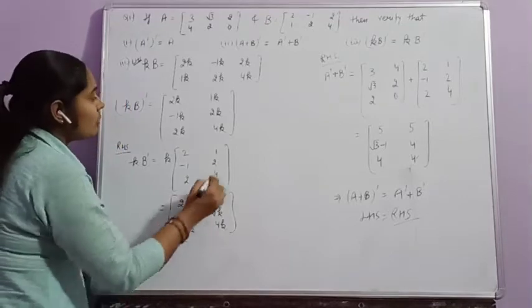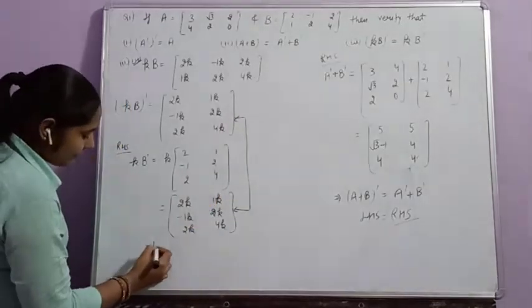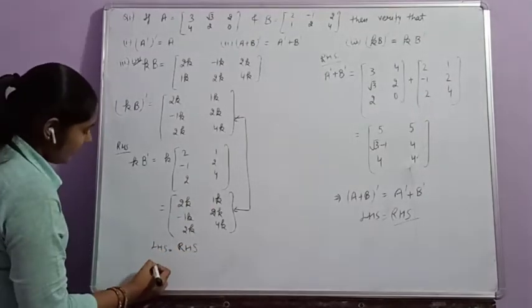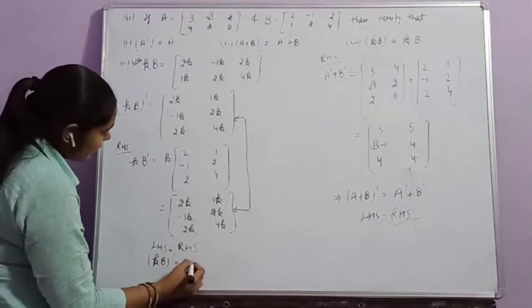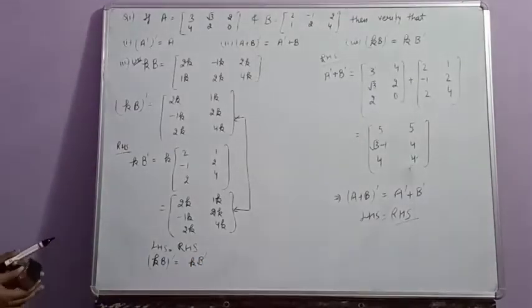Here we can see that both are the same. It means left hand side is equal to right hand side. That is, K into B whole transpose is equal to K B transpose. Okay, three properties are proved.